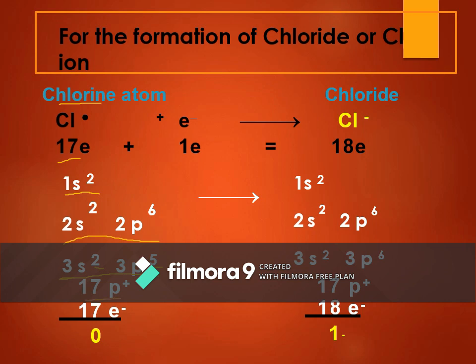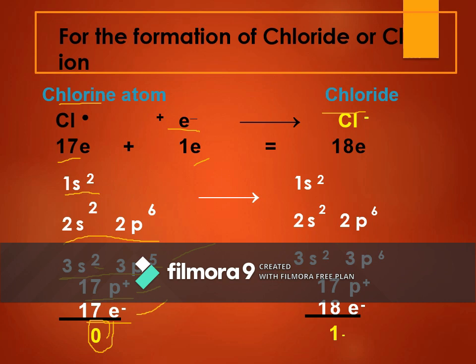There are 17 protons and 17 electrons. Positive 17 plus negative 17, the net charge is 0. The chloride forms when the element gains an electron. Since there are 7 valence electrons, the chlorine needs only 1 electron to become stable.